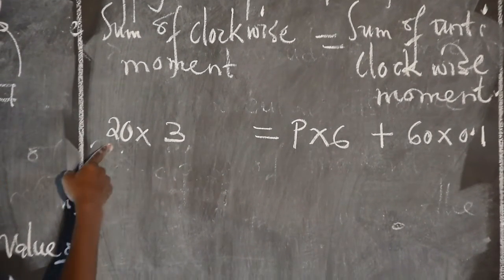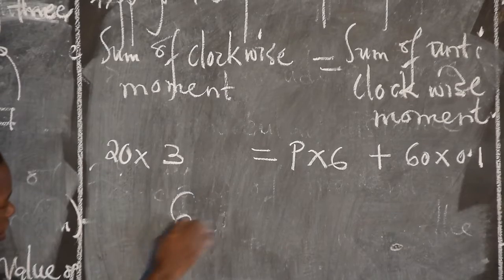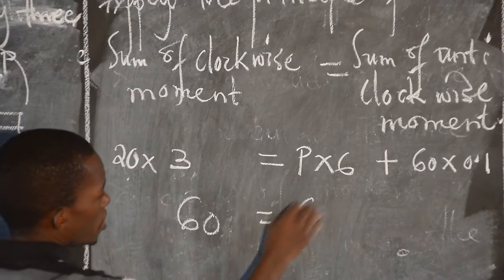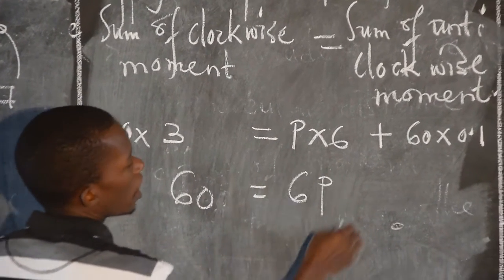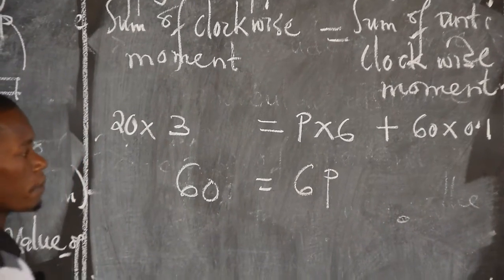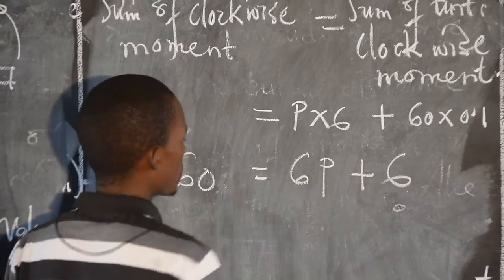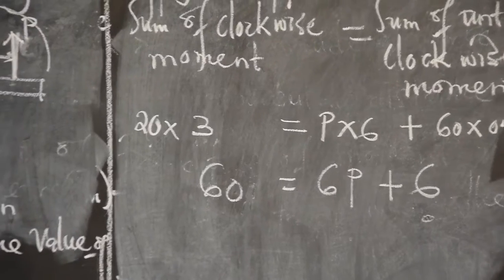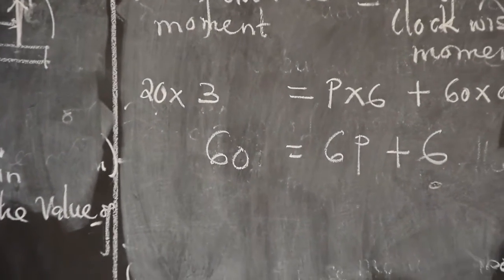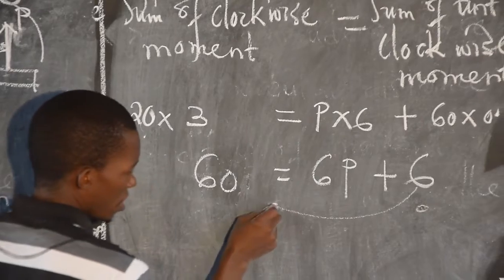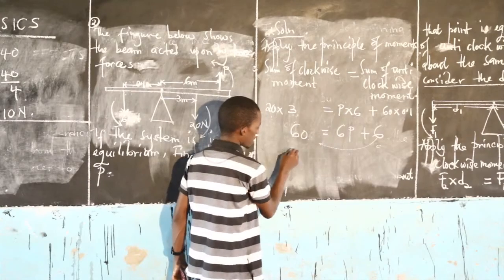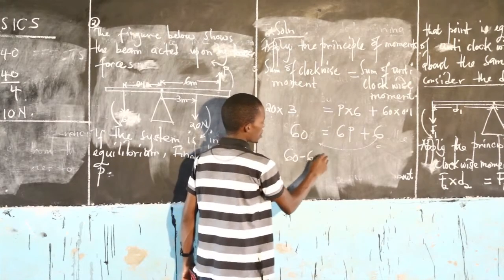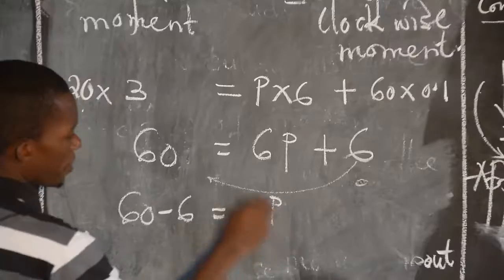So, when we try to multiply this, we have 60 is equal to 6P plus 6. So, what we do? We collect like terms. This 6 comes this side. We have 60 minus 6 is equal to 6P.